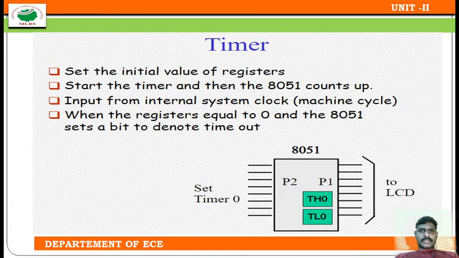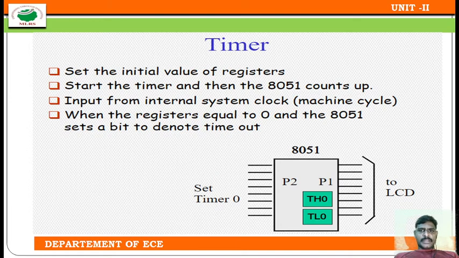To initialize the timer, we require a set of register values, which means I need to first initialize the registers which are available in the 8051. Then I need to start the corresponding timer registers in the 8051 to count a number of pulses.